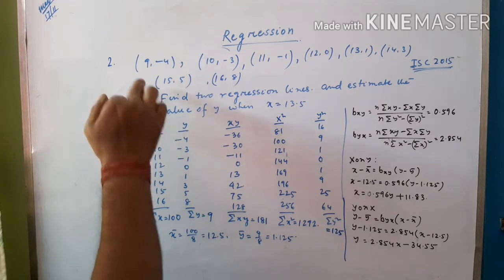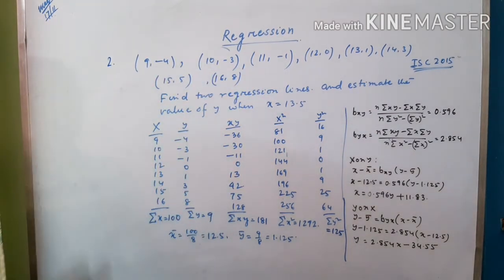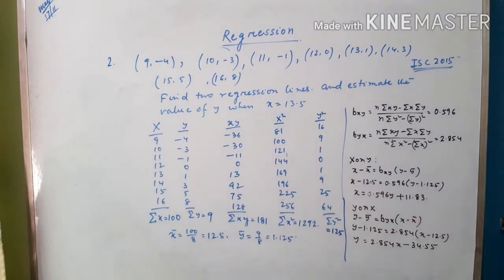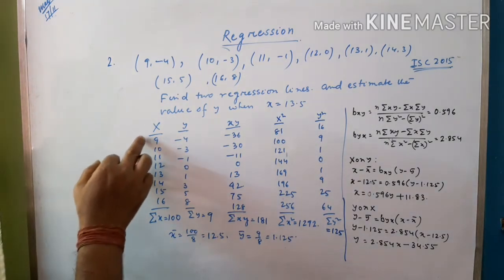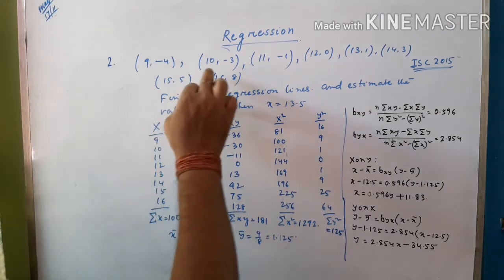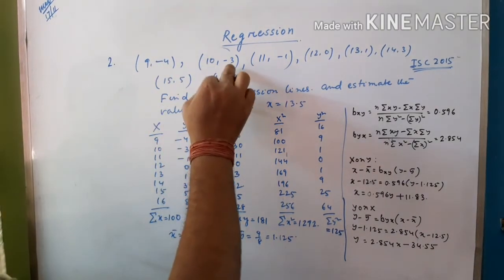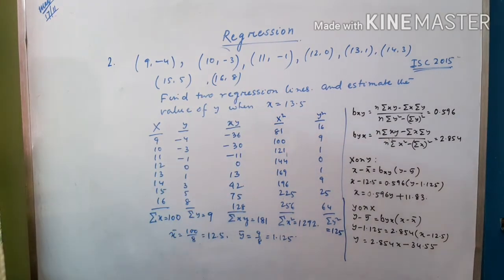Now see that the first observation of each pair is the values of x. So x has values 9, 10, 11 and so on up to 16, and the second observation of each pair are the values of y. So we have written down the values of y: minus 4, minus 3 and so on.